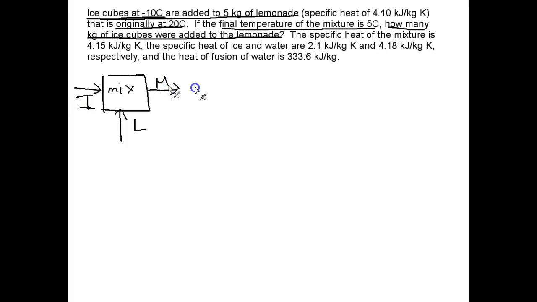Now we have our diagram. We know we're going to have two terms on the inside of our energy balance and one term on the outside because that's what our arrows correspond to. So let's get that energy balance set up. We're going to start with our lemonade term. That is the mass of our lemonade, the CP of our lemonade. And now, when we write the temperature for the lemonade, we know the initial temperature of lemonade, but then lemonade doesn't come out.